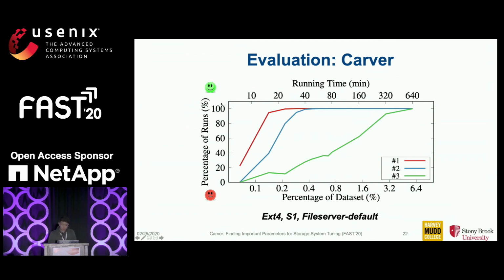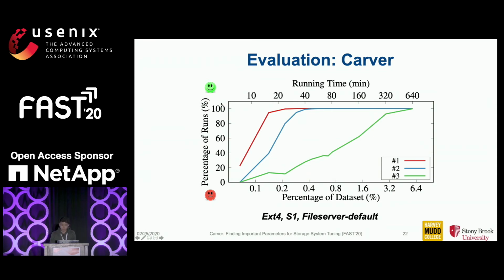Here we further evaluate Carver using only a small fraction of the dataset with the help of Latin Hypercube sampling. The bottom x-axis shows the percentage of the whole dataset that was used by Carver, and it is in log scale. The top axis shows the estimated running time for evaluation.